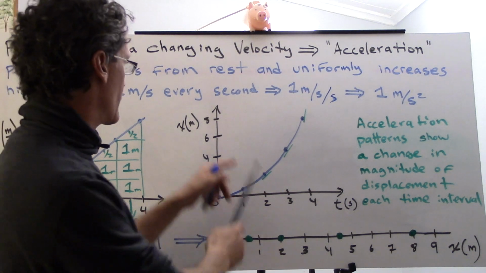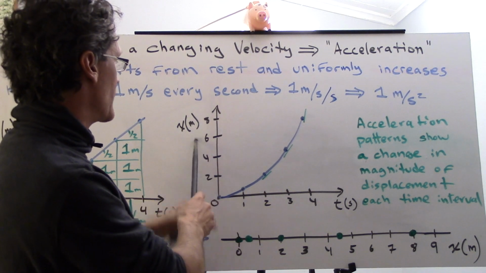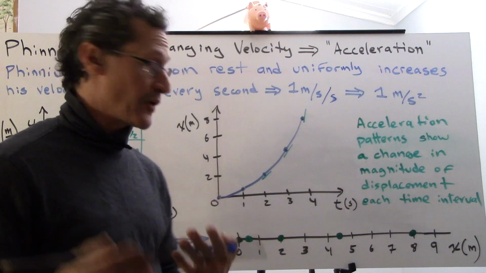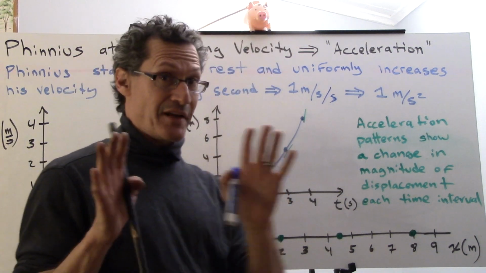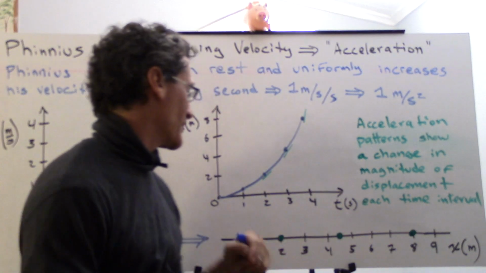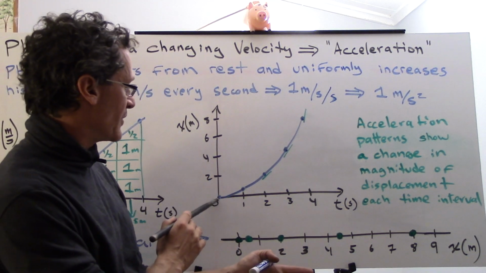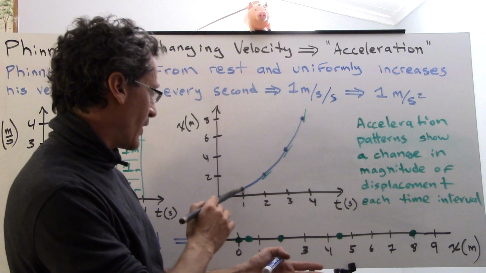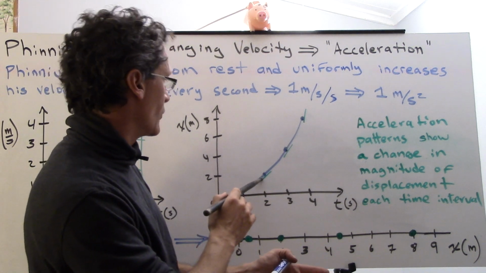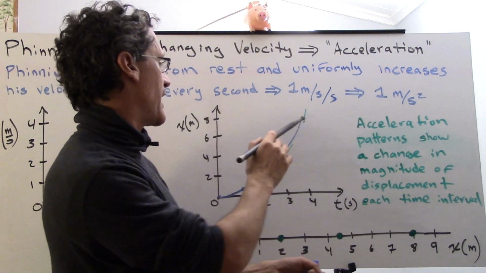So here is the position versus time graph, and we'll go to the poop trail. Easy now. I was kind of anxious to get to it because it's kind of exciting, but in the position versus time graph, we see that the position is 1/2, then 2, then 4.5, then 8.